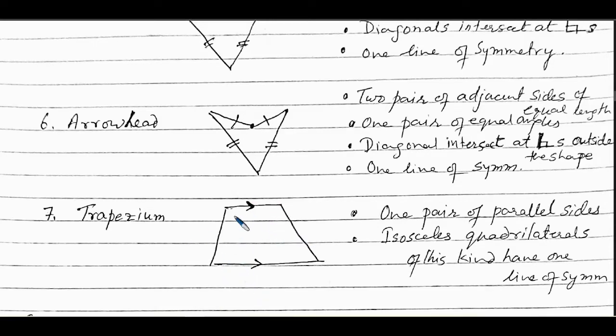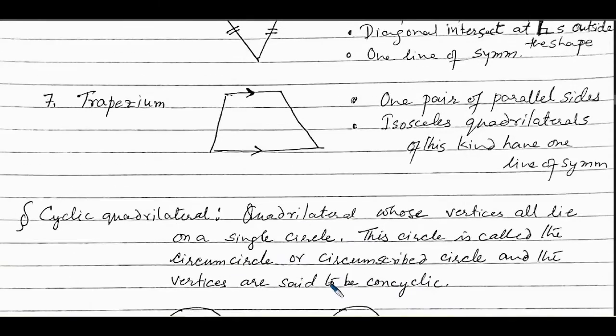But if it is isosceles, meaning this side is also the same, this angle and this angle are the same, then of course I can have one line of symmetry. Otherwise, if these two sides are not of the same length, then it will not have a line of symmetry. No line of symmetry.